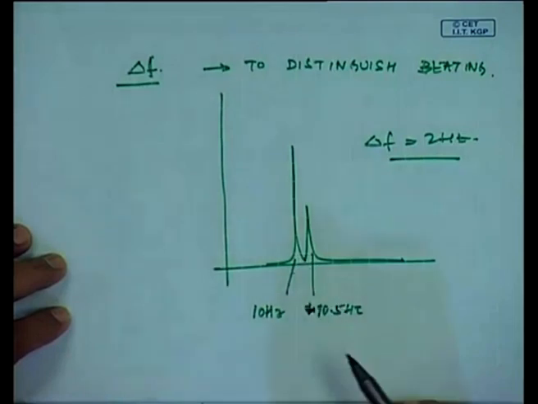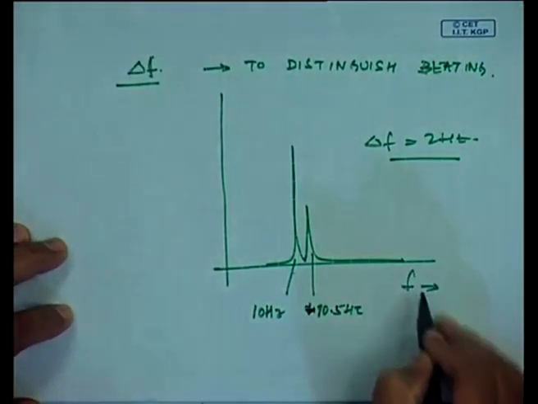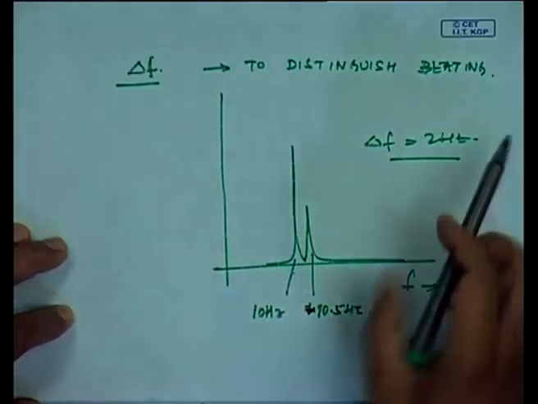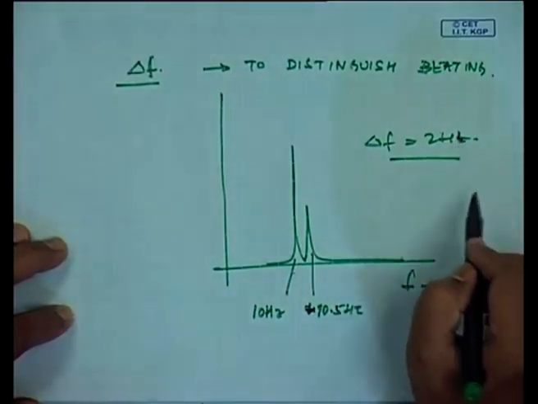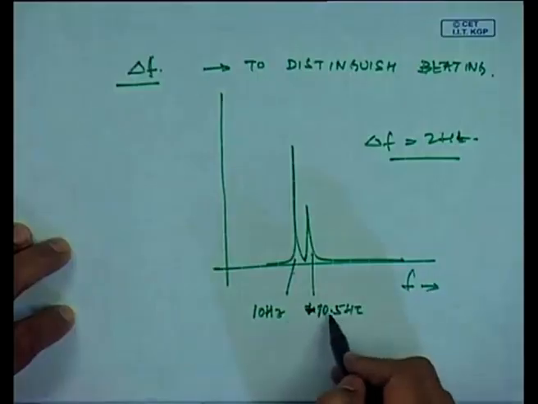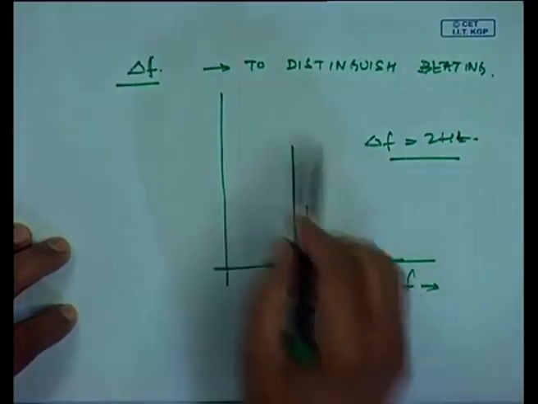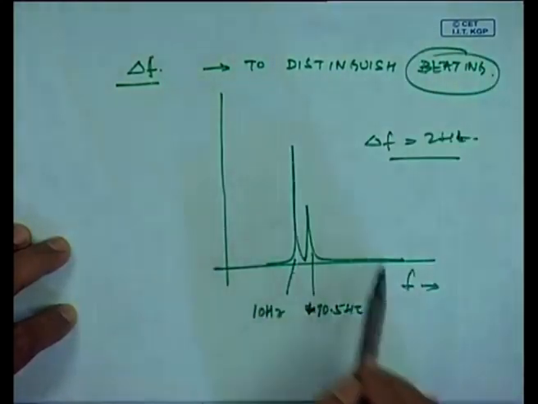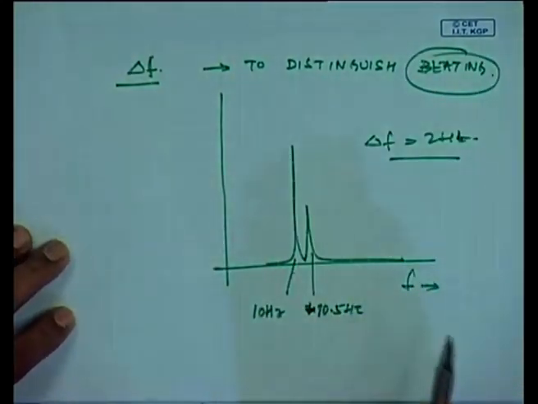But these signals would have created beating. So, in my frequency domain, I can very easily miss this if delta f is kept at 2 hertz. If delta f was equal to or less than 0.5 hertz, I will be able to distinguish them. So, that is the problem while doing frequency analysis, to identify beating.